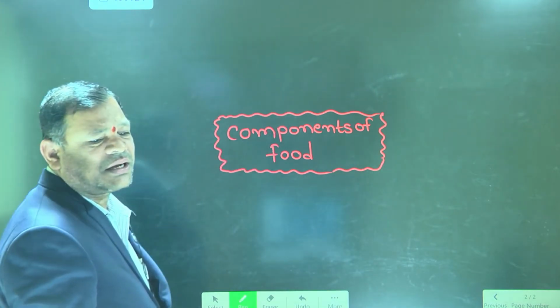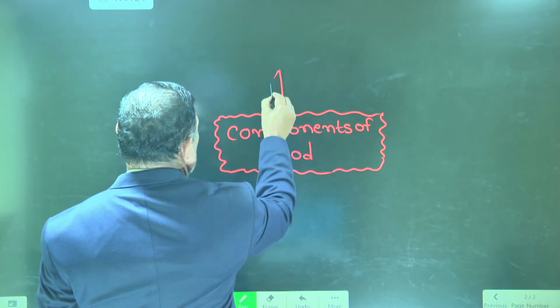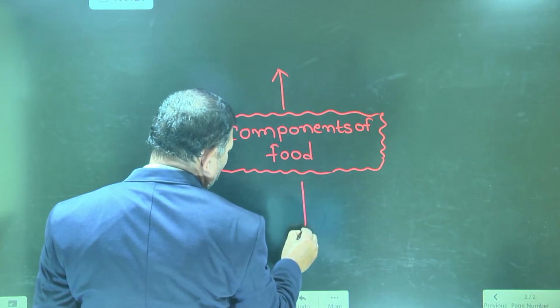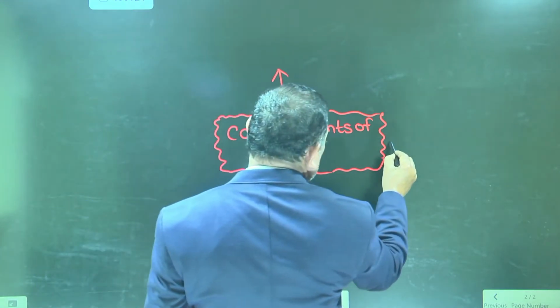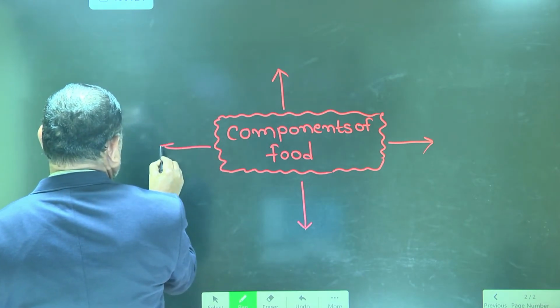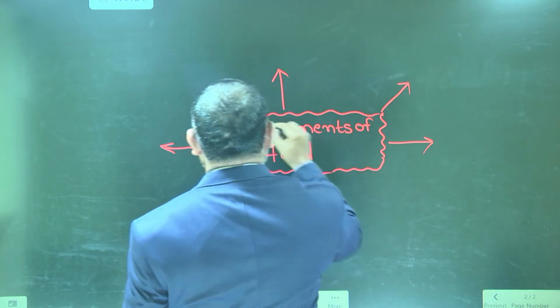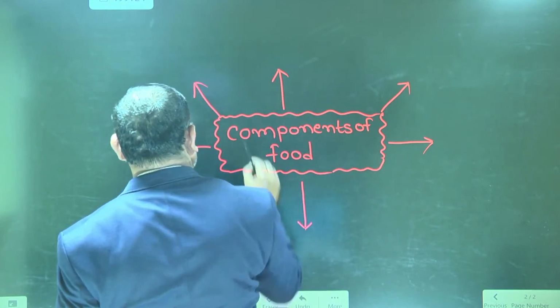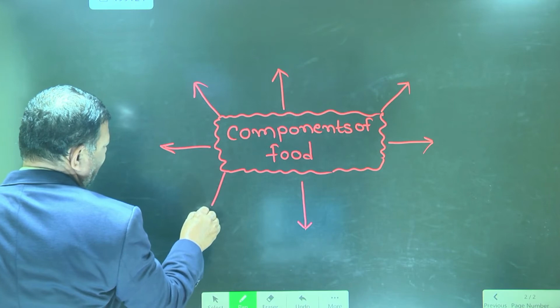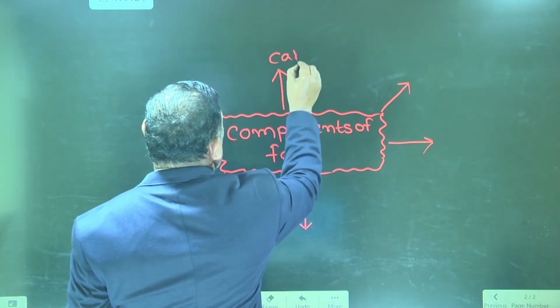What are the seven types? One, two, three, four, five, six and seven. Okay, so carbohydrates.